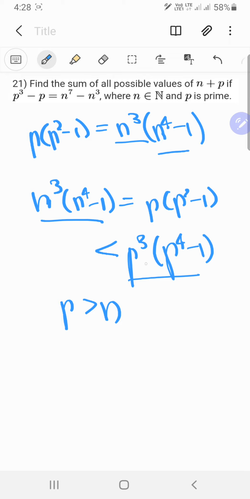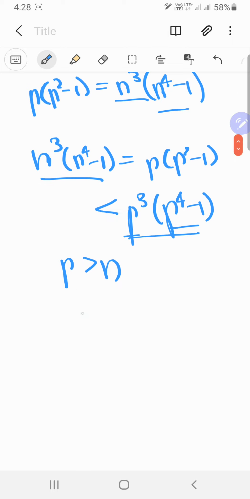These are obviously positive, both brackets are positive, and at the same time this function is increasing. So we know that p has to be bigger than n for this to happen. So because p is bigger than n, we can say that p is bigger than or equal to n plus 1. That also tells me why p cannot divide n.